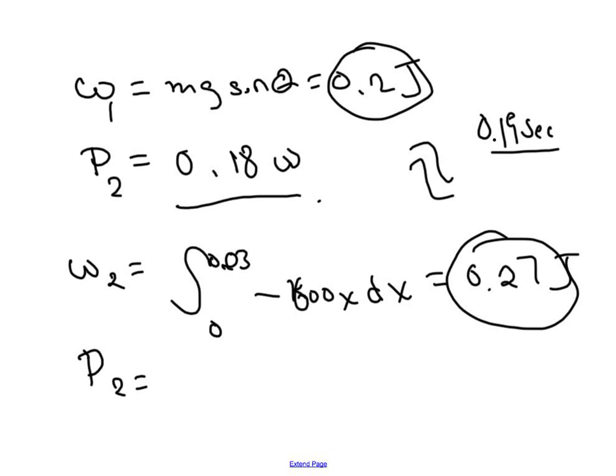Very small number. We finally concluded the power of the spring is 1.4 watts, which is almost 8 or 9 times that of the gravity mechanism. That actually makes sense because the spring generated a much larger force at the beginning.